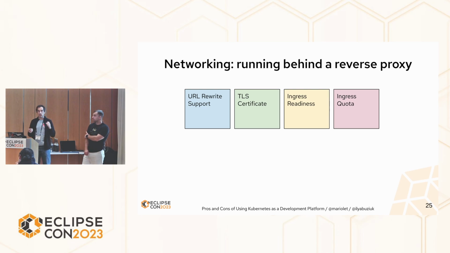Ingress readiness is the same thing. The routes are not available right away. They are going to be created, so the endpoint is created, and it can take time. And sometimes for load balancing you have multiple reverse proxies, and one may be ready and the other may not.